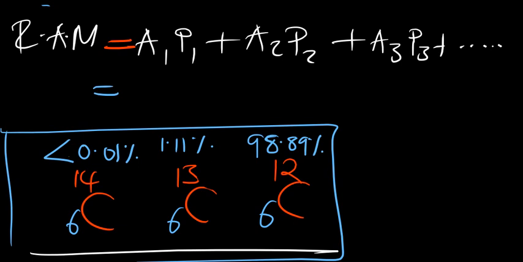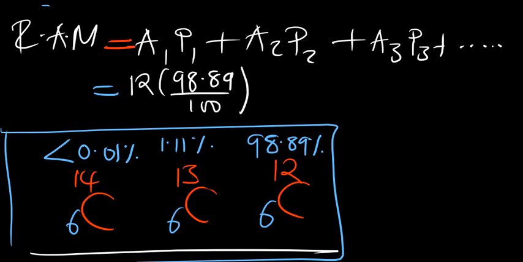So for the first one, carbon 12, I'll start with 12. So we have 12 as the mass number multiplied by the percentage 98.89%. Percent means over 100, plus carbon 13 percentage 1.11%.